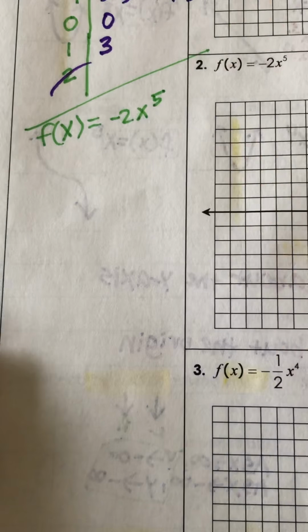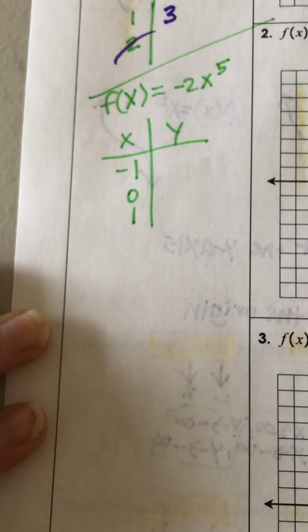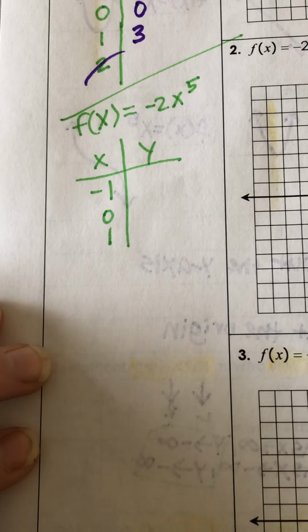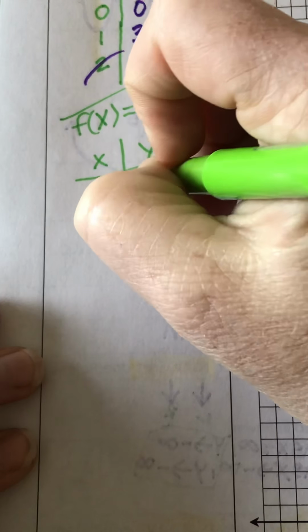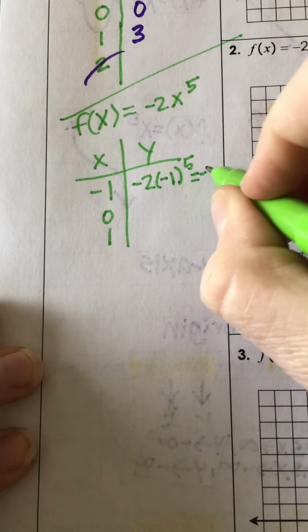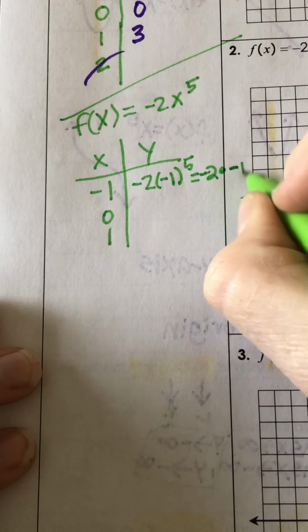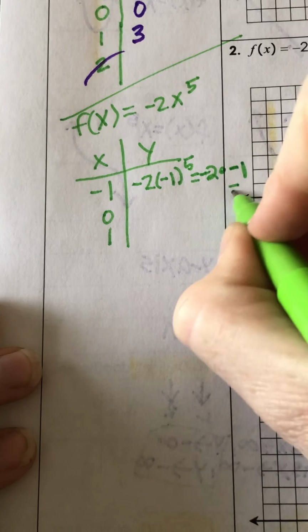Okay, so I'll do -1, 0, 1. Okay, so if I plug in -1, I have -2 times -1 to the 5th. That's -2 times a negative to the odd exponent is going to end up negative, -1, which is 2.